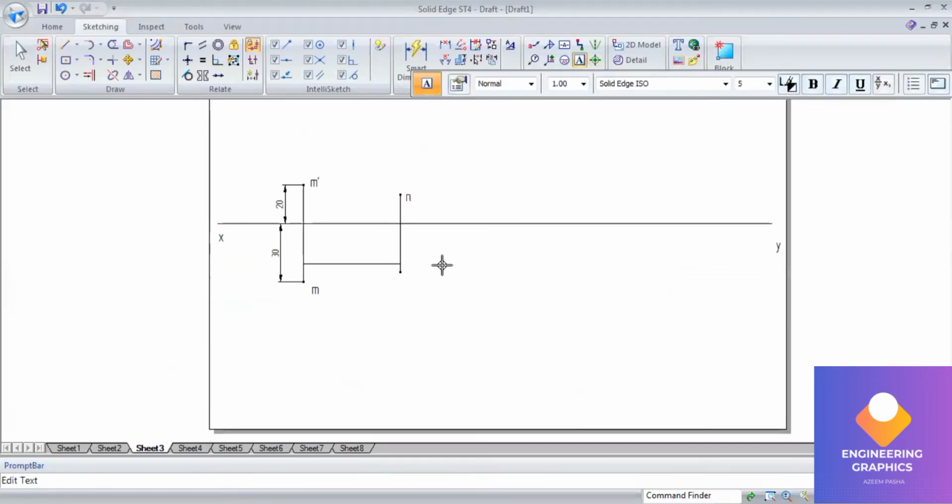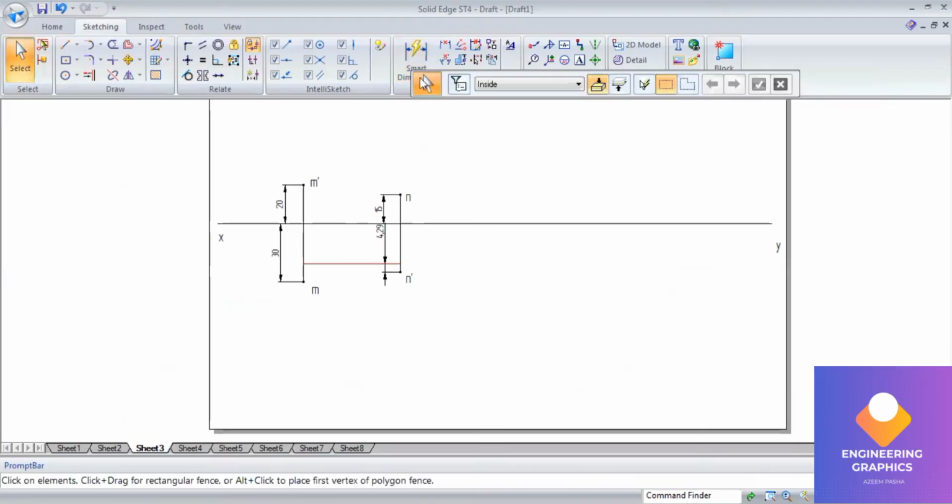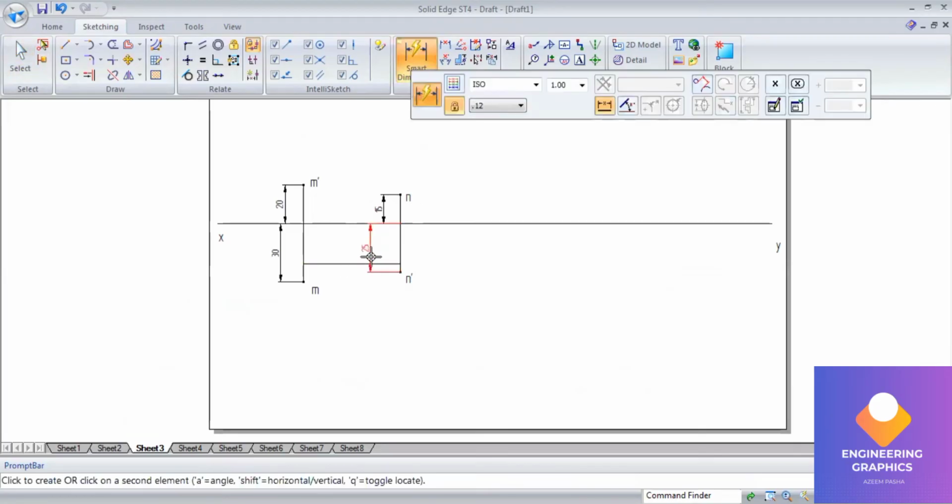This is your N and this is N dash. Mention the dimensions: 15 mm behind VP and 25 mm below HP. That's your front view and that is your top view.